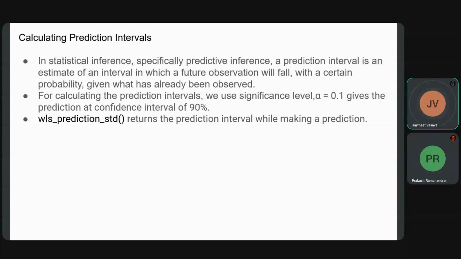For calculating these prediction intervals, we'll use a significance level of 0.1, giving the prediction a confidence interval of 90%.